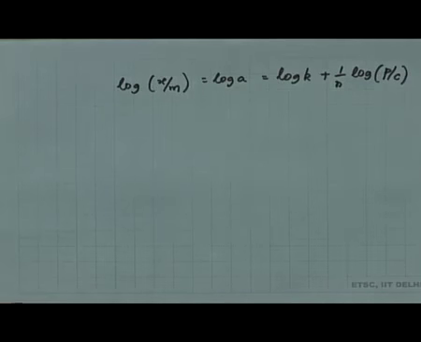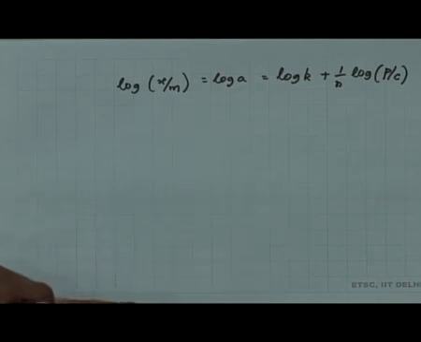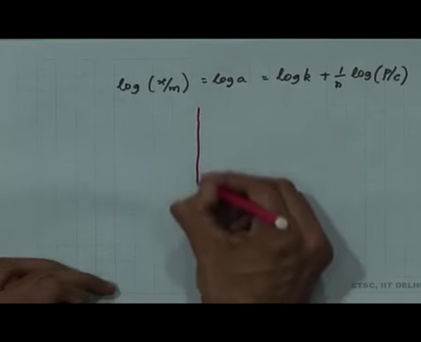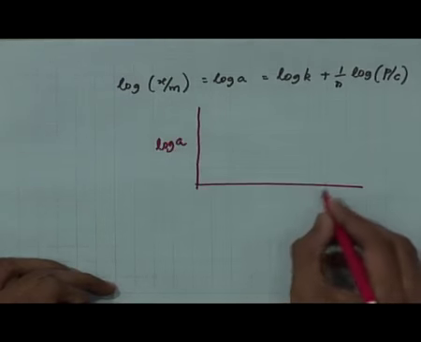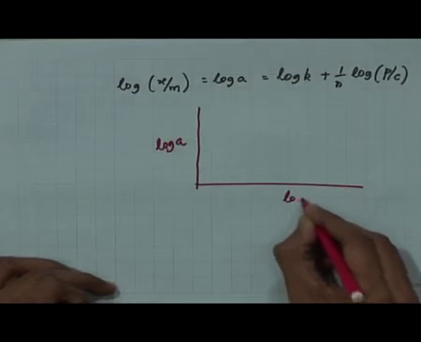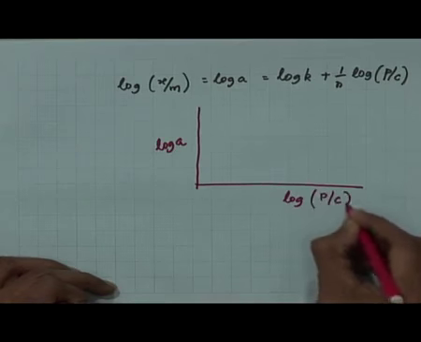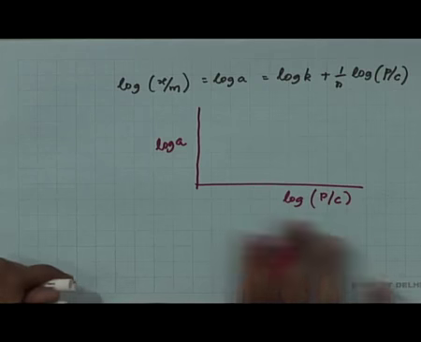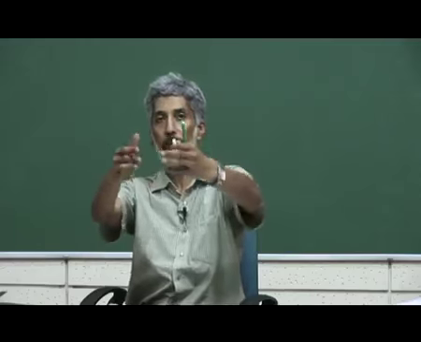So, if you plot log A versus log P or log C, I have taken all these cases after we discussed the gas phase and the liquid phase separately. Now, I have generalized.